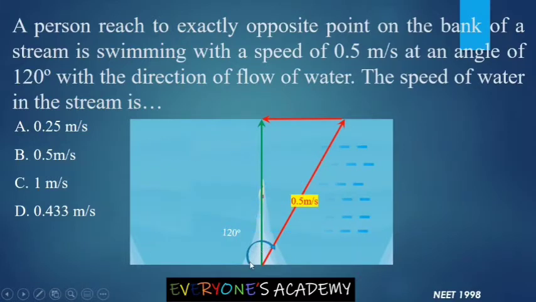Because this angle is 90 degree and total angle is 120 degree, this small angle will be 30 degrees. And in a right angle triangle, the side in front of the 30 degree angle is half of the hypotenuse. Here hypotenuse is 0.5 meter per second. So the opposite side of the 30 degree angle will become half of this, that is equal to 0.25 meter per second. So option A is correct.